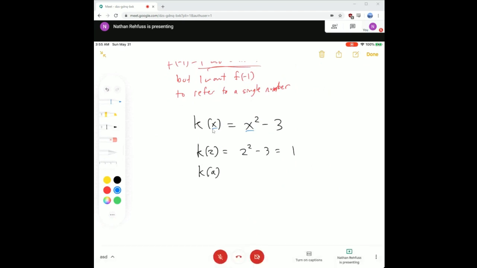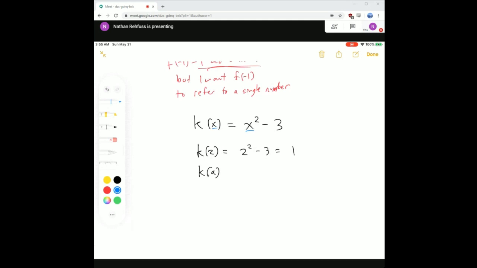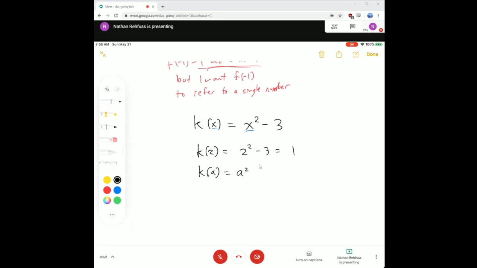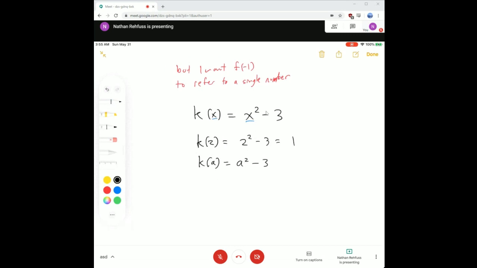The function is telling us, whatever you plug in, square that thing and subtract 3. We will usually use x for the name of the input variable. Not always, but usually. So if I say k of a, then I'm going to get a squared minus 3, because I just plug a in where x used to be. We call this evaluating the function, evaluating it at the input a.